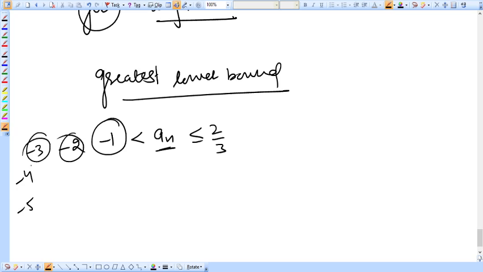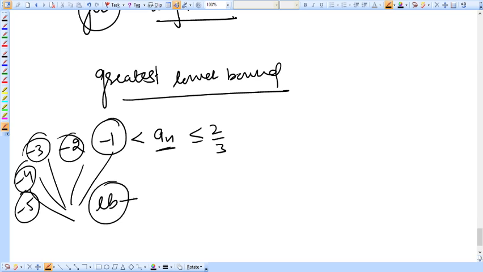These all are lower bounds of an. The greatest among these is known as the greatest lower bound. Among -1, -2, -3 up to -5, which is the greatest? It is -1. So this is the greatest lower bound in this case. The greatest lower bound is known as the infimum.